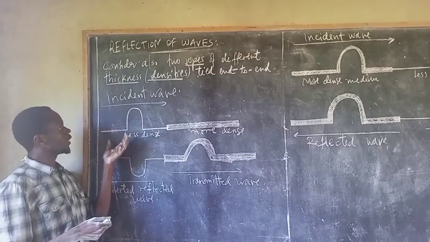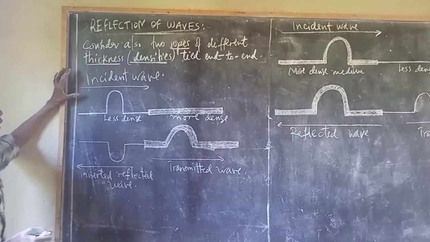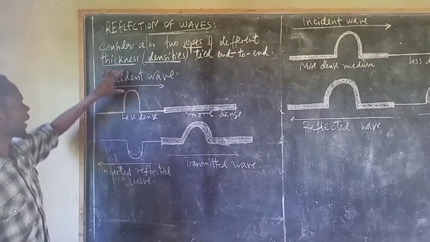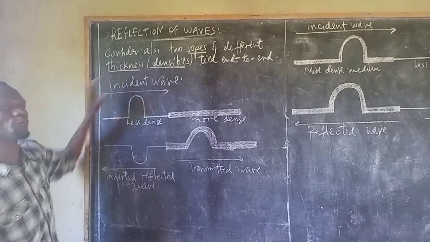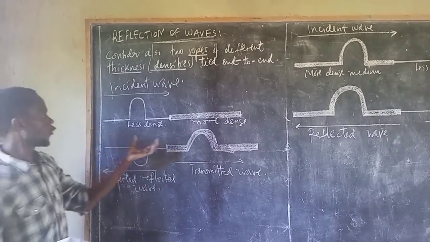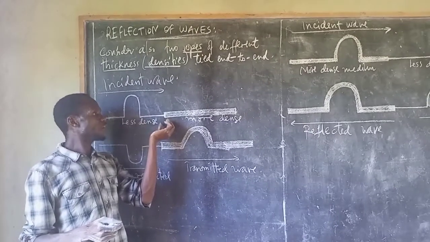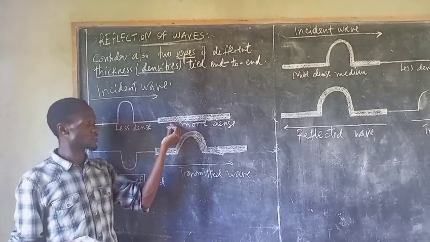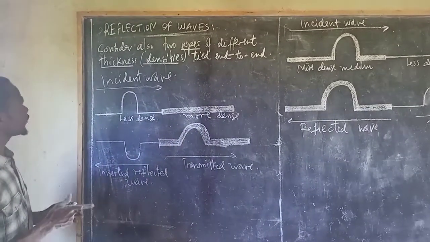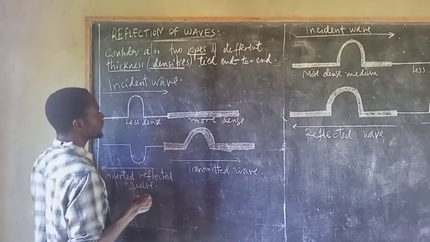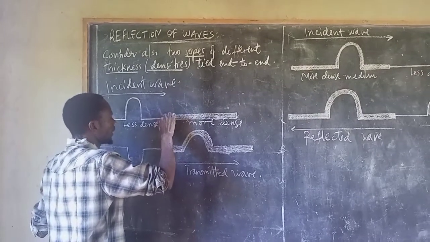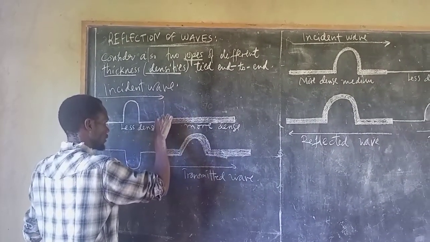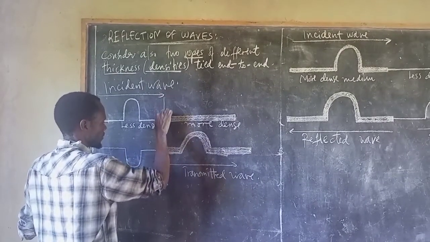If now the wave is traveling through different mediums, we expect reflection of waves. This reflection of waves must happen at the boundary of the two different mediums.